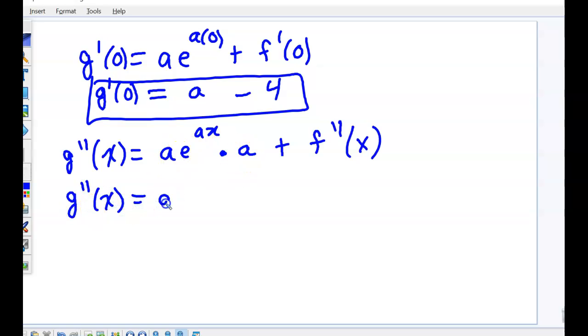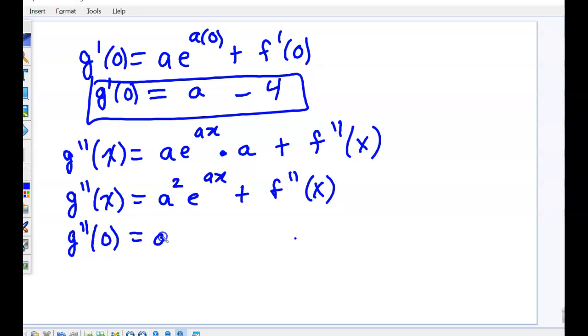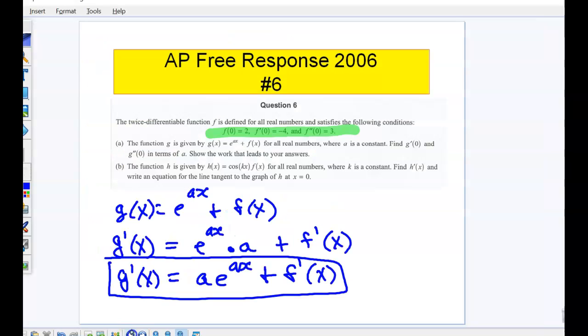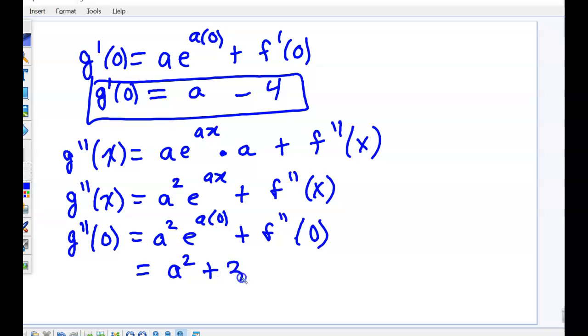If I bring this a out front, I'm really going to have a squared e to the ax plus f double prime of x. Now I'm going to evaluate this when x is 0. So I get a squared e to the a times 0 plus f double prime of 0. Well, e to the 0 is 1, so this becomes a squared. And f double prime of 0 is equal to 3. So there would be g double prime evaluated at 0.